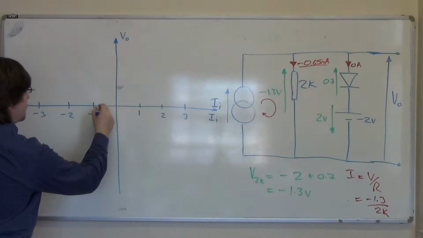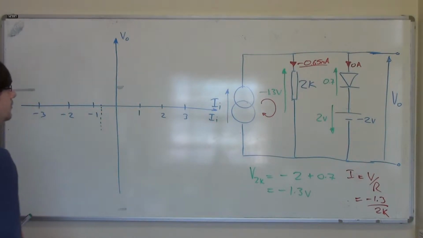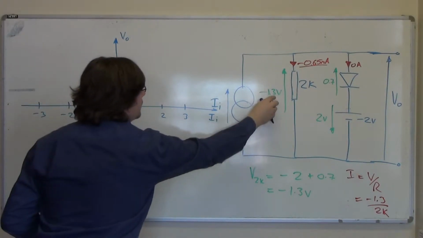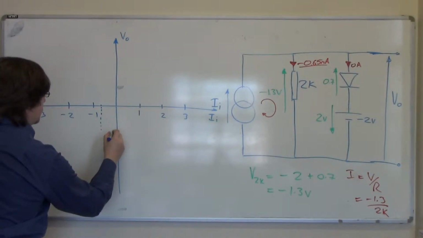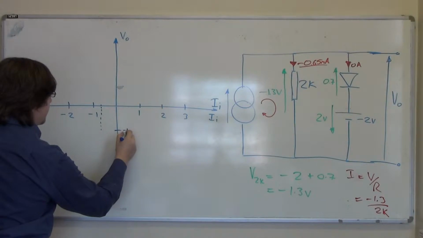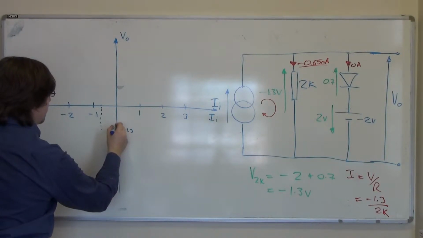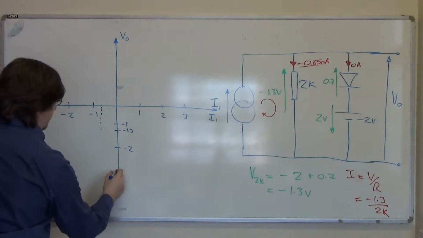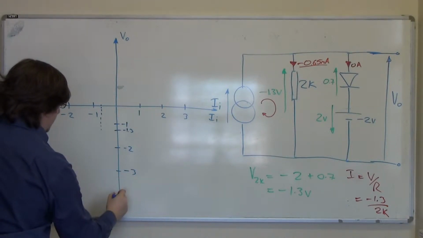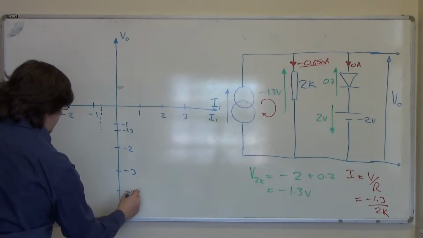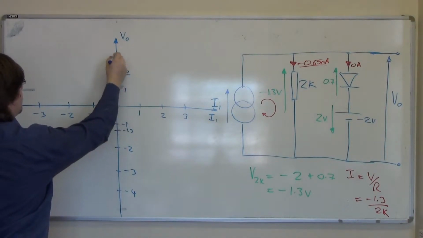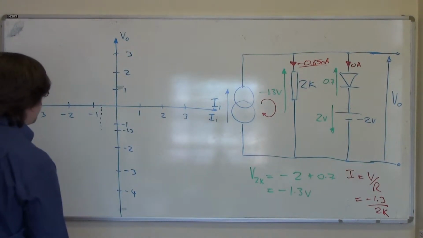So minus 0.65 milliamps is about here, and our output voltage will be stuck at minus 1.3. So we'll say minus 1.3 is just here. So that will be sort of minus 1, minus 2, minus 3, minus 4, and then we'll have 1, 2, 3 up there.